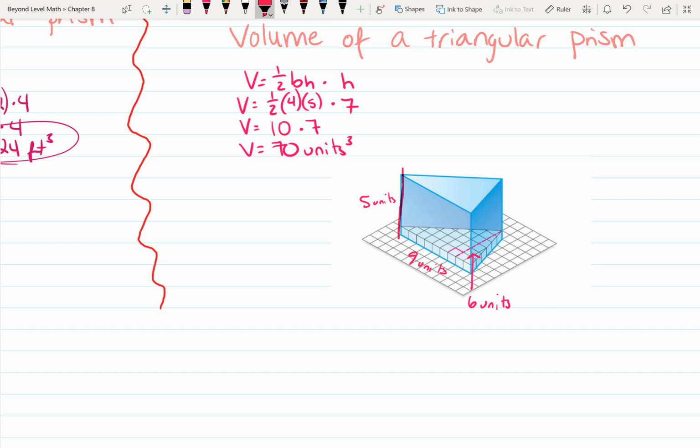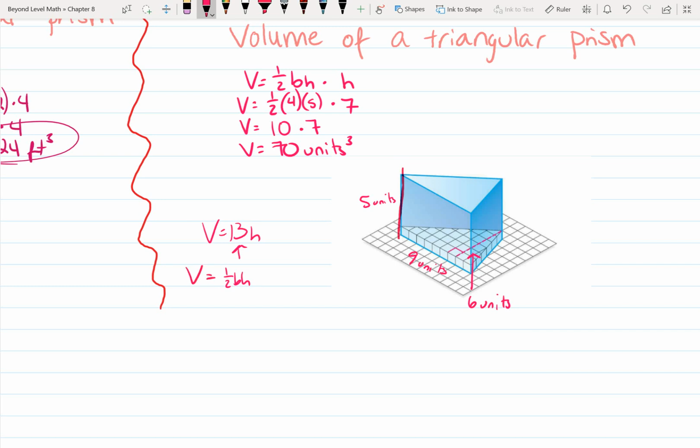This 6, that dotted line, is talking about the height of the actual triangle. Again, that is related to the base, the area of the base, that capital B. When you break it down to 1/2 base times height, it would be 1/2 times 9, which is the base of the triangle, times 6, which is the height of the triangle, times 5, which is the height of the prism.